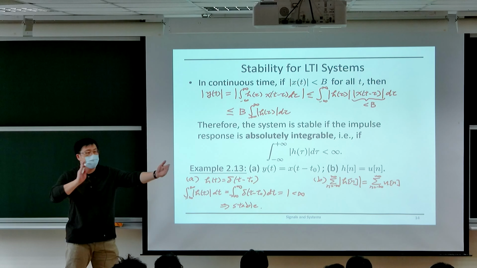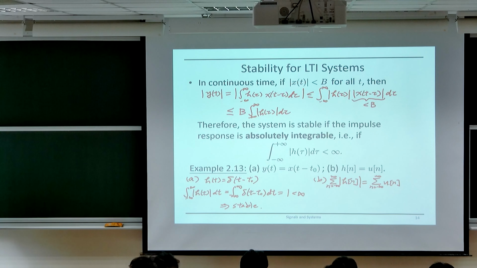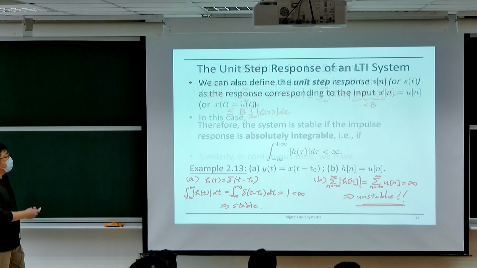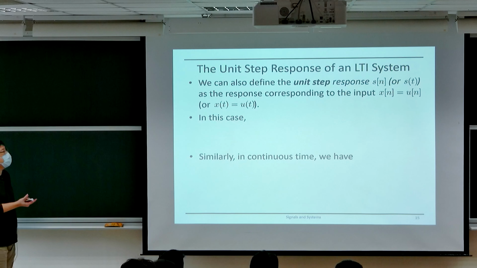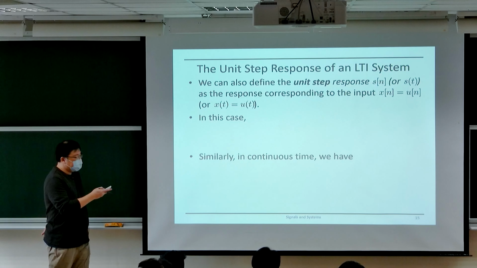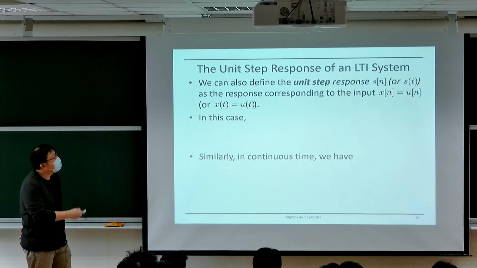So if you sum over the unit step function, the sum is unbounded. This sums to infinity, which implies that the system is unstable.